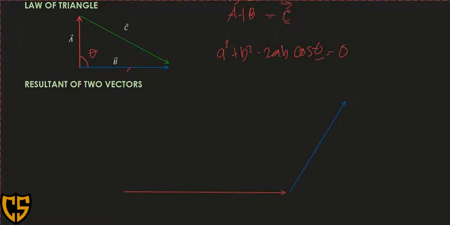So, another way in order to find the resultant of two vectors is to use the parallelogram method. So, in the parallelogram method, what we will do is to project this line to be equal to our blue line, going there. So we will have this one, and another one is to project it in this direction.